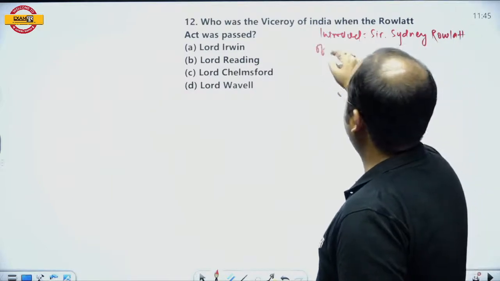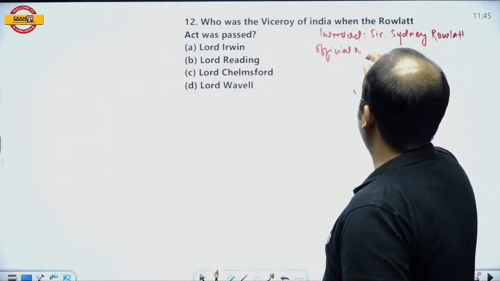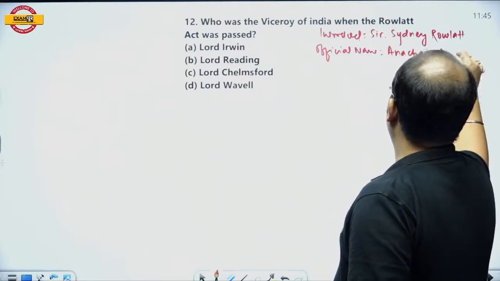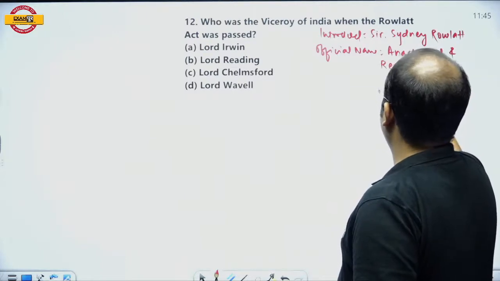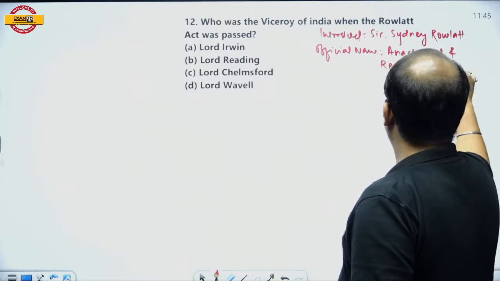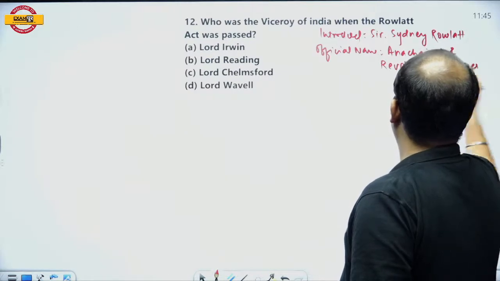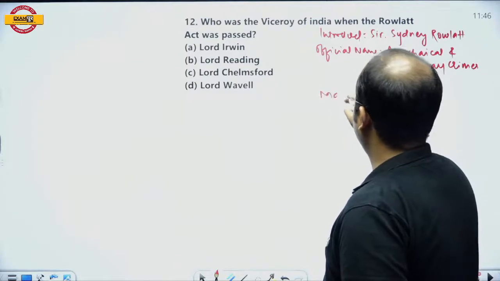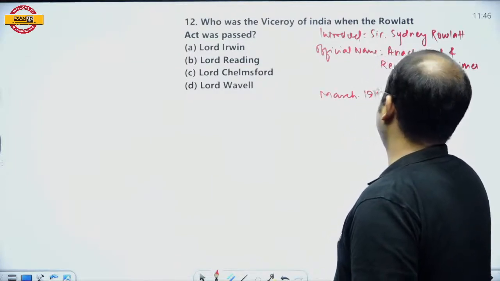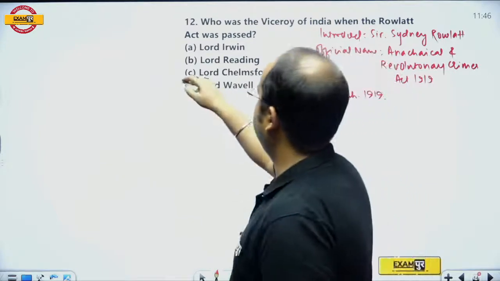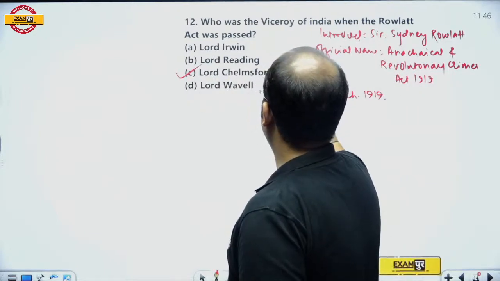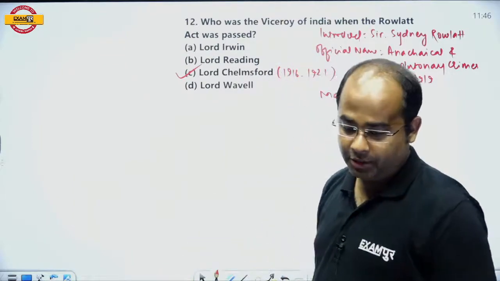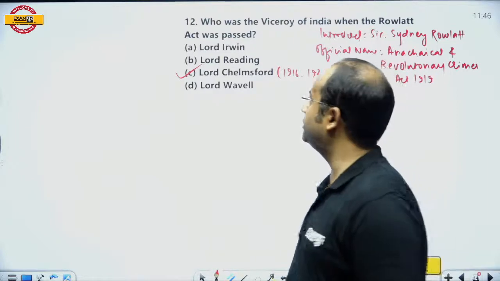The official name of this act was the Anarchical and Revolutionary Crimes Act 1919, and it was introduced in March 1919, during the time of Lord Chelmsford, 1916 to 1921.